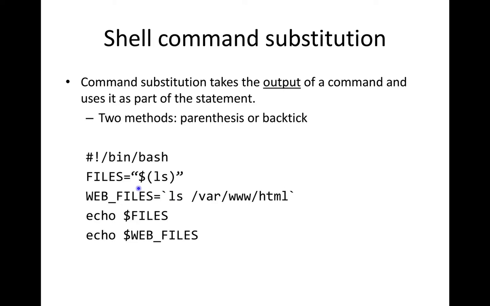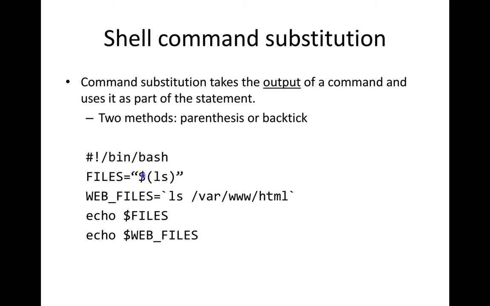So let's look and see what this script is doing. Shebang bin bash, and then we have a variable called files. What we're going to do is assign the variable files with the value of the output of this command.